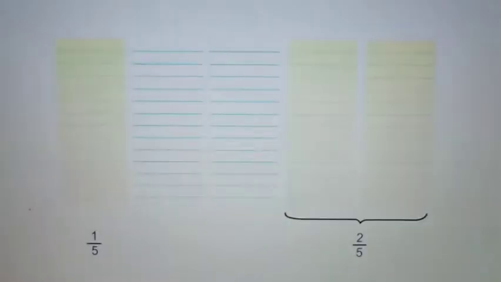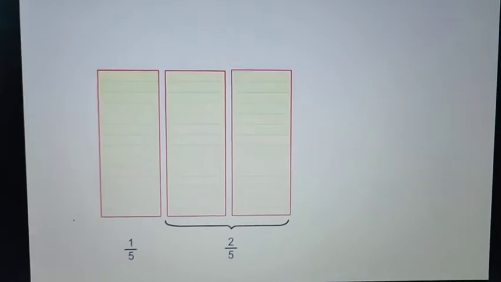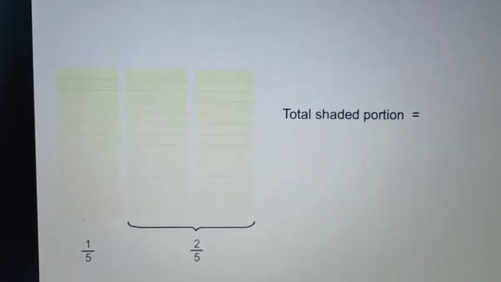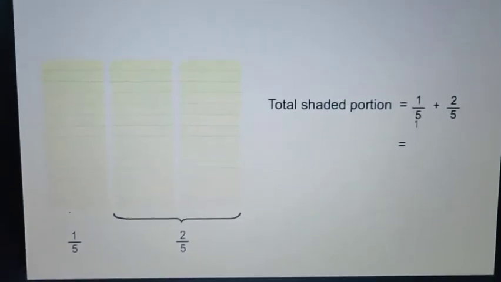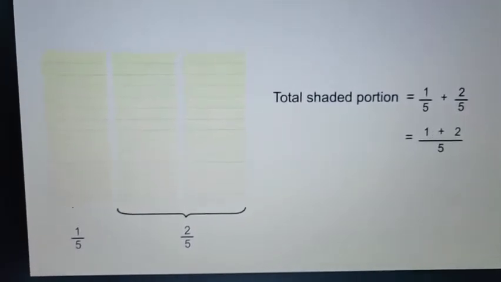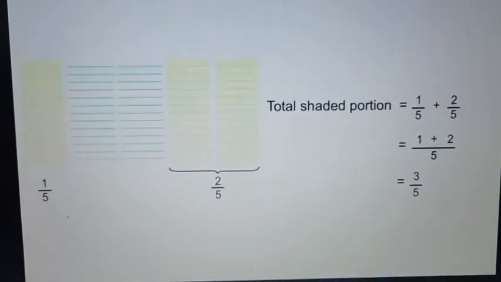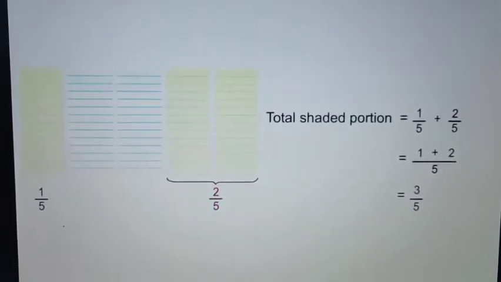One shaded part on the left taken together with 2 shaded parts on the right gives 3 shaded parts. 1 by 5 plus 2 by 5 is equal to 1 plus 2 by 5, that is equal to 3 by 5. Hence, 1 by 5 plus 2 by 5 is equal to 3 by 5.